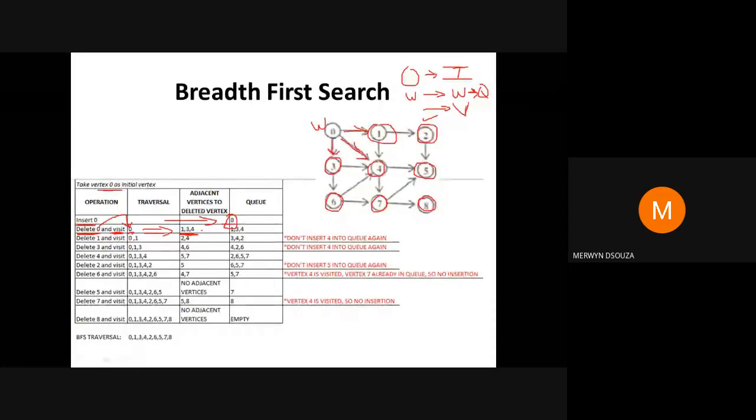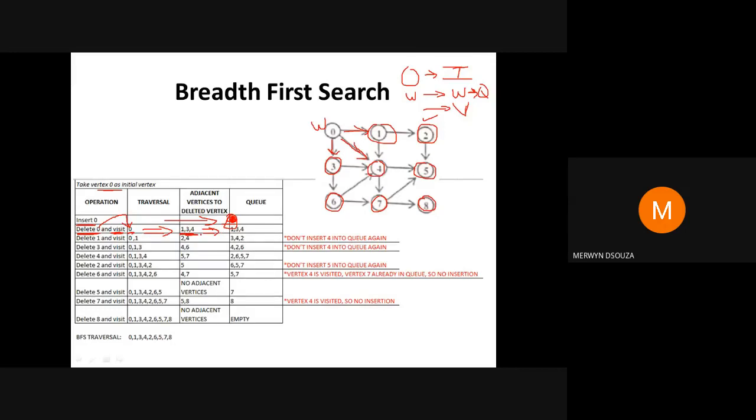After I found the adjacent vertices, next I have to decide whether these will go inside the queue. Since I deleted 0, nothing is there in the queue right now. So I have to decide whether these 3 vertices will go in the queue.